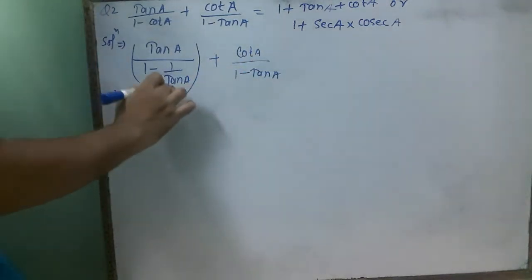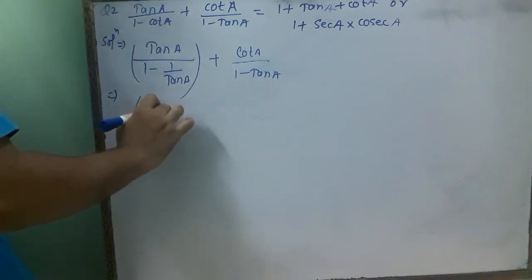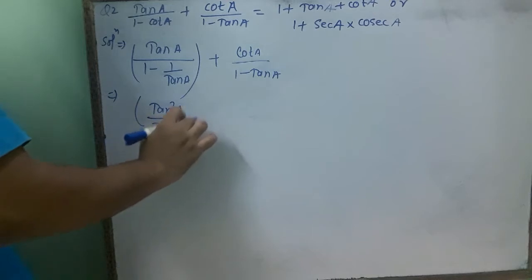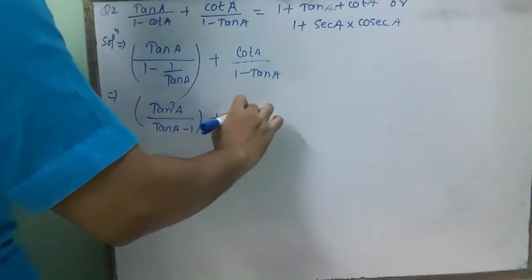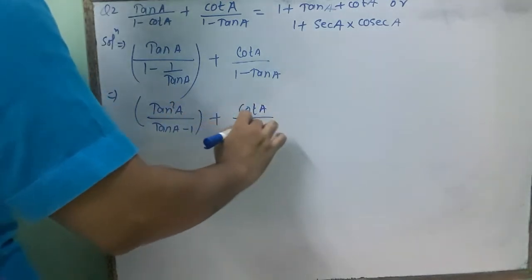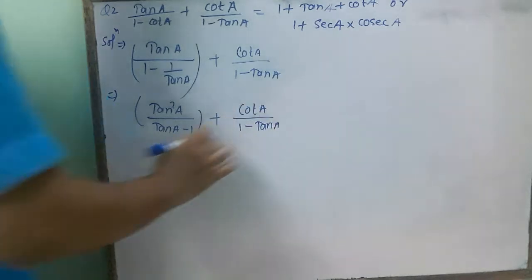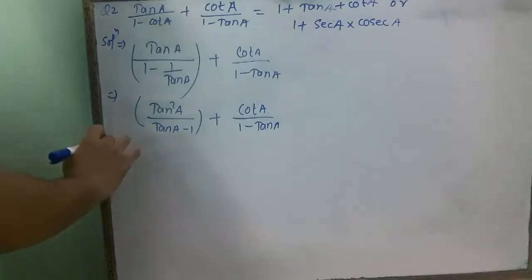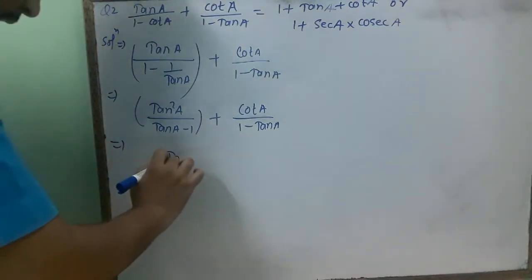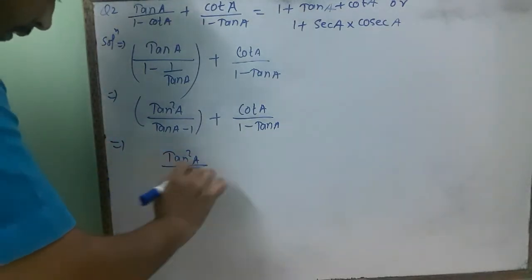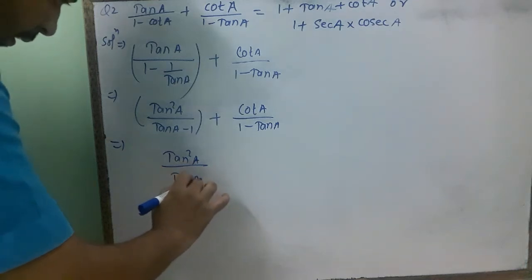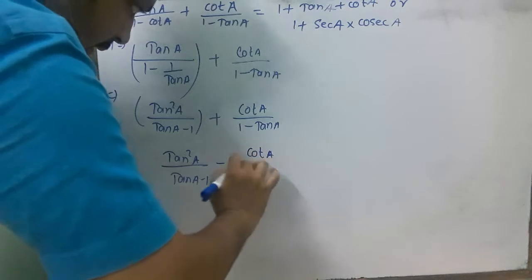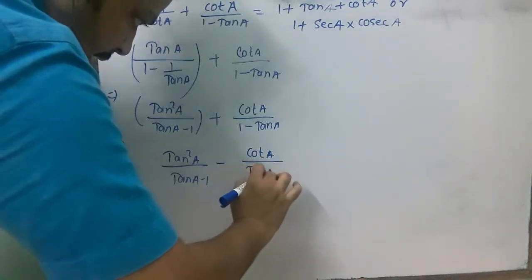Now take the LCM. This tan A will be multiplied, so it will be tan square A divided by tan A minus 1, plus cot A divided by 1 minus tan A. See the denominators: here tan A minus 1, here 1 minus tan A. So I will change the sign to minus and write tan A minus 1.